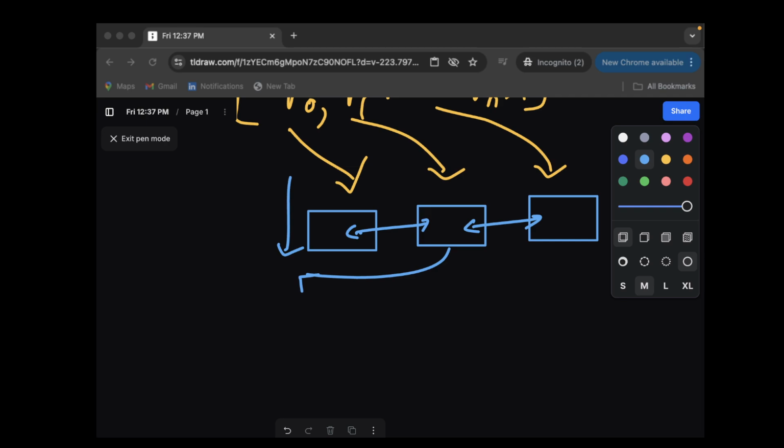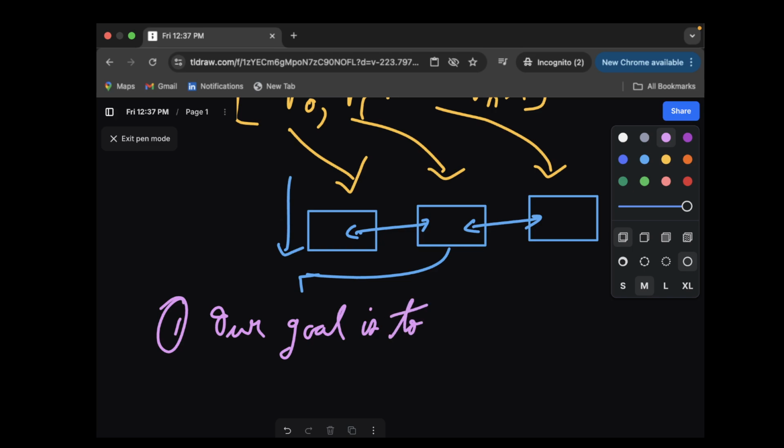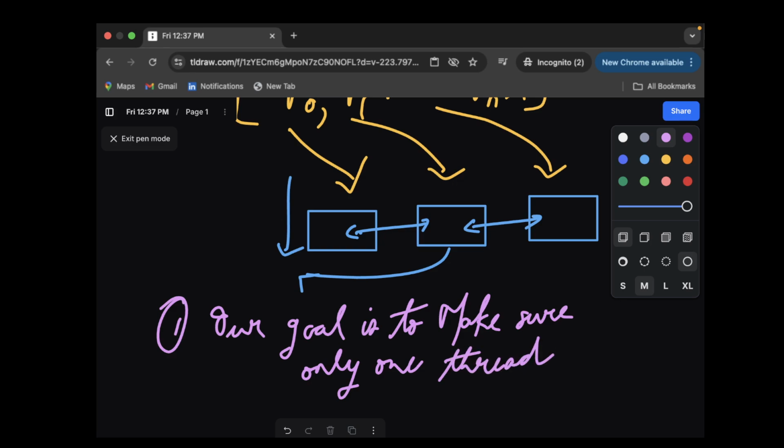The goal of the critical section is to let only one thread execute. Remember, our goal is to make sure only one thread executes the section at a time.